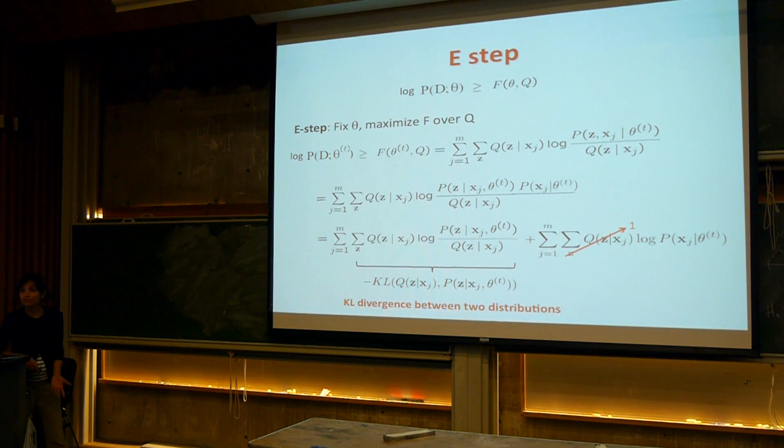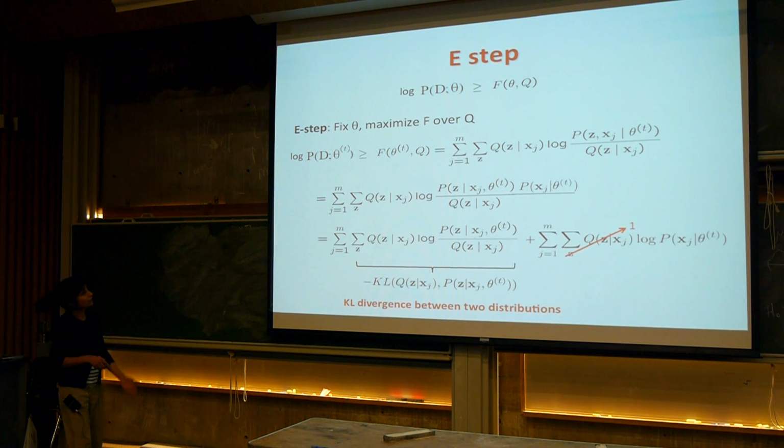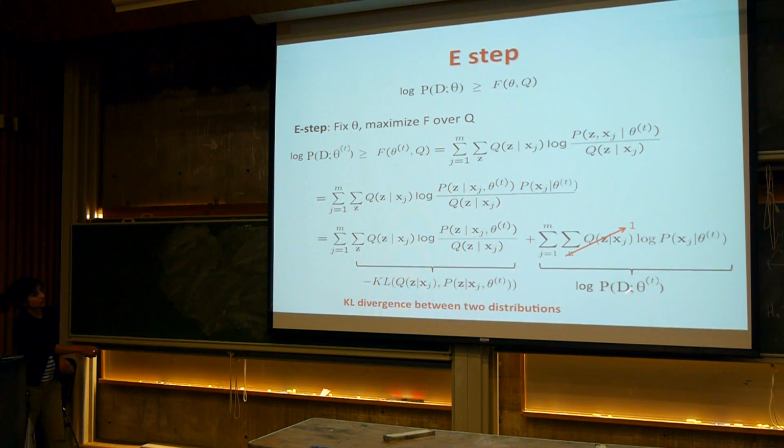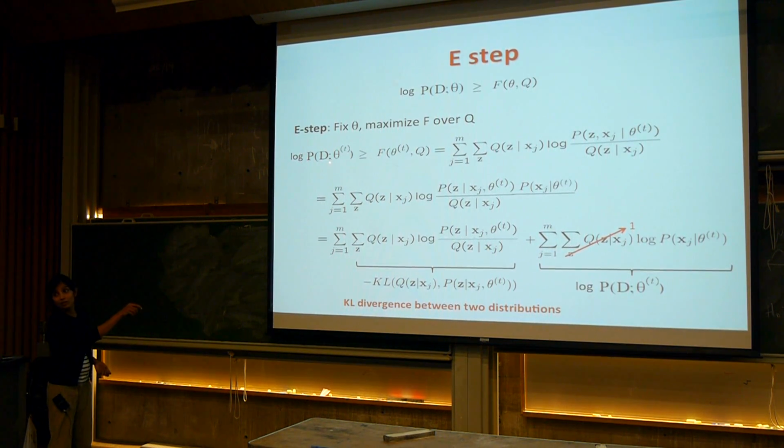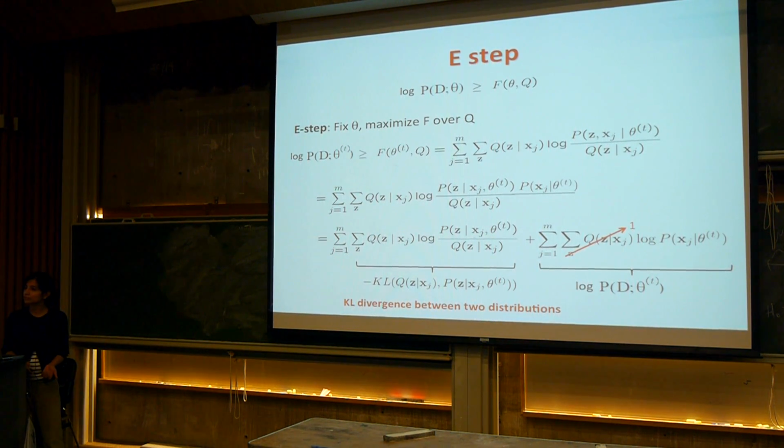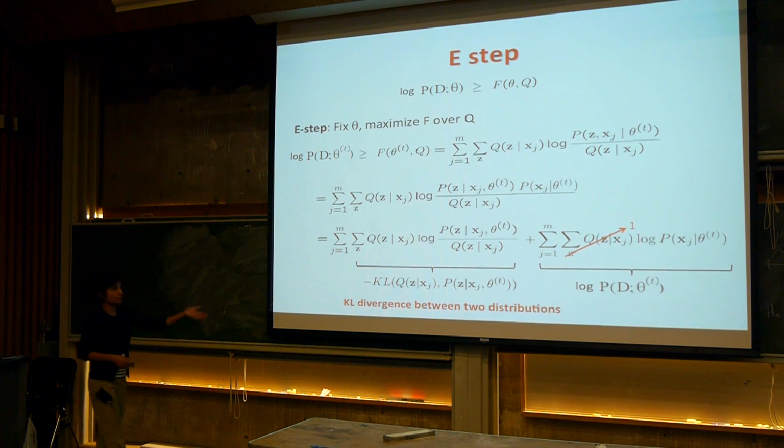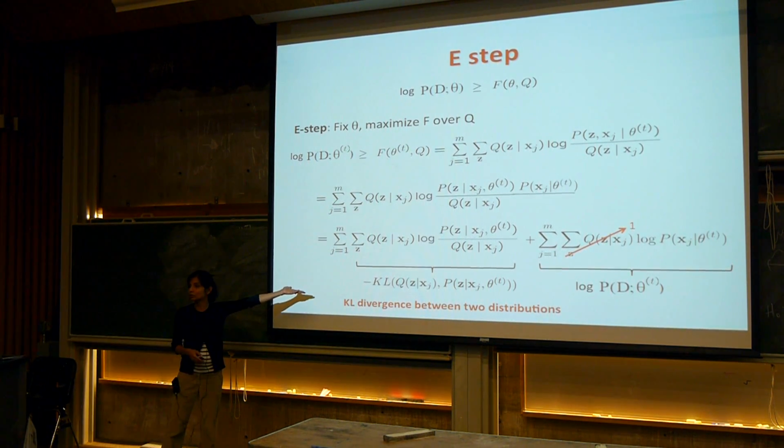So what we have shown is that we have lower bounded the log likelihood of the data by the log likelihood minus the KL divergence between two distributions. Okay? So if I now say, let me maximize this lower bound over Q, what should the maximum value be?